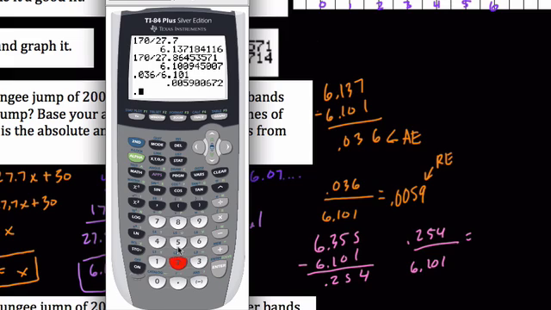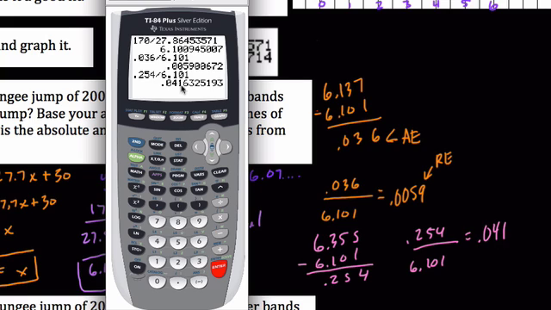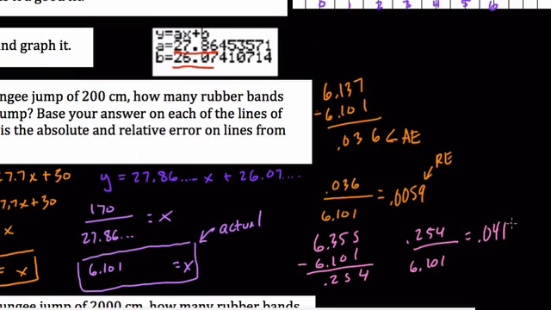So 0.254 divided by 6.101 is about 0.041, or about a 4% error. We'll use the same four decimal places. Yeah, it's a much bigger error, much further off than the other one we observed before. But still, the relative error doesn't matter that much.